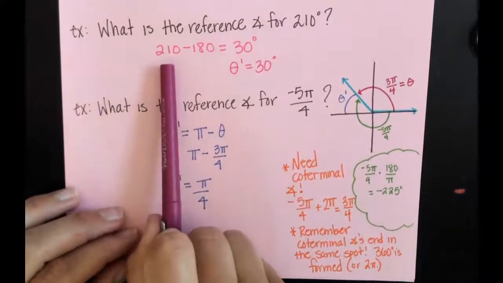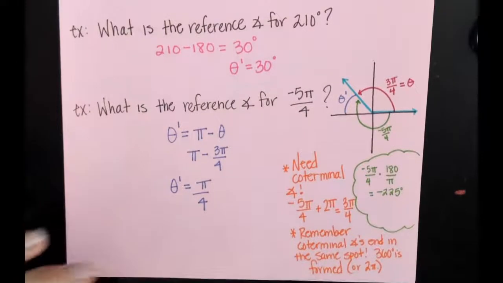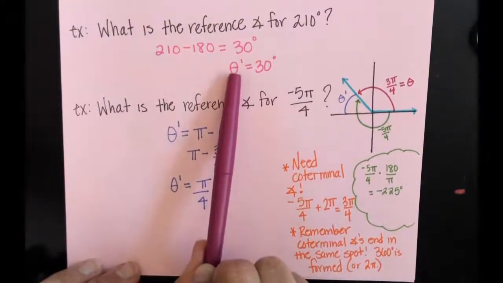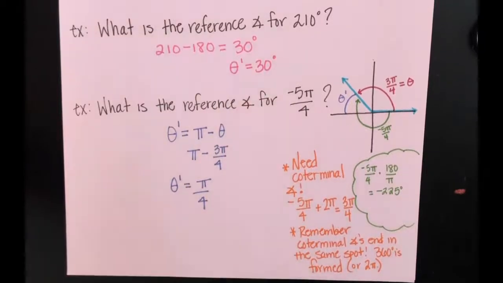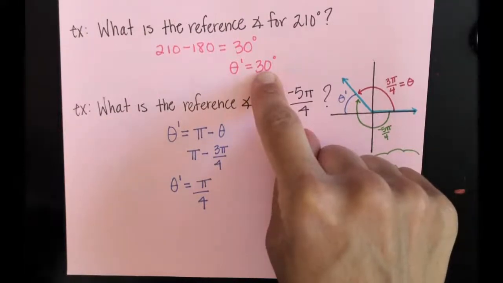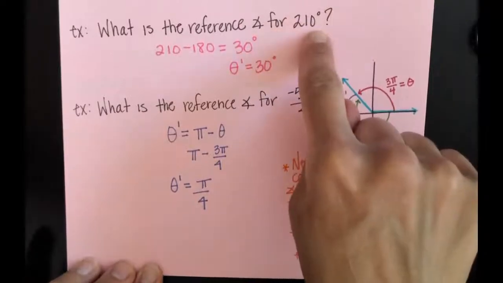I'm going to take that 210 minus 180, and I end up with theta equals 30 degrees. So our reference angle, theta prime, is 30 degrees. If I was to do any calculating at this point, I would use my 30-degree angle with a little bit of other information we're going to look at next to figure out what we're talking about with 210.